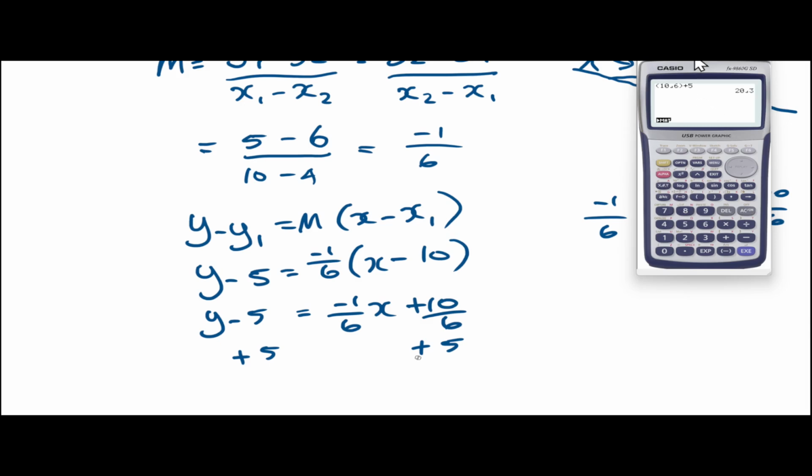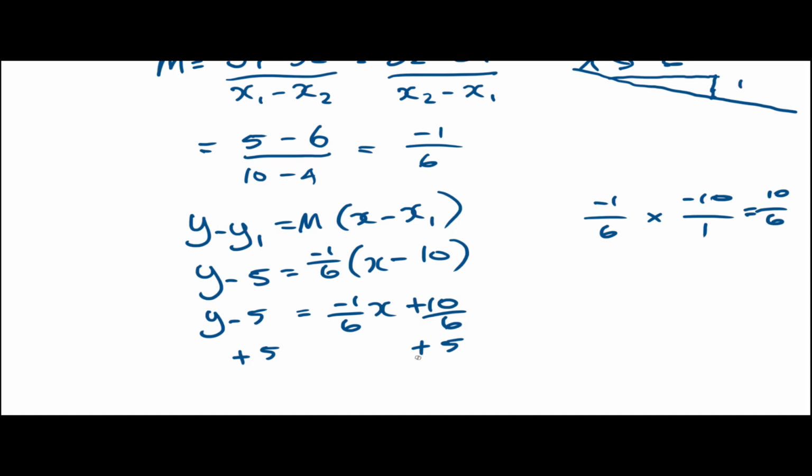So 20 over 3, and that's our final answer. So our final answer is y equals -1 over 6x plus 20 over 3.